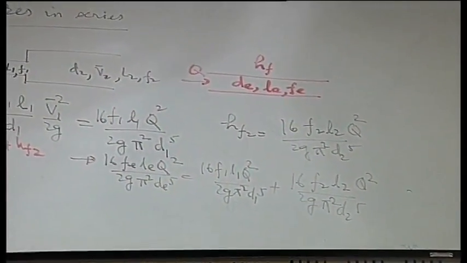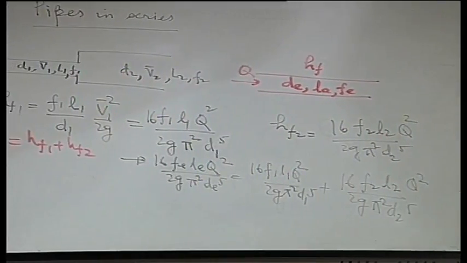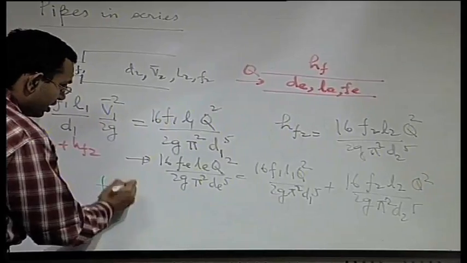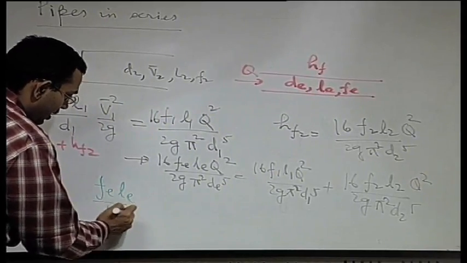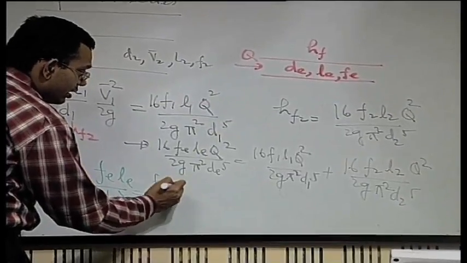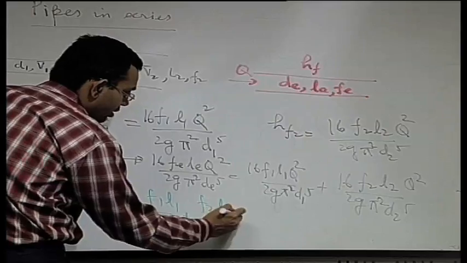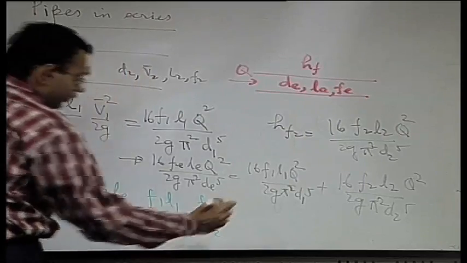From this we get a very important expression: FE LE by DE to the power 5 is equal to F1 L1 by D1 to the power 5 plus F2 L2 by D2 to the power 5.